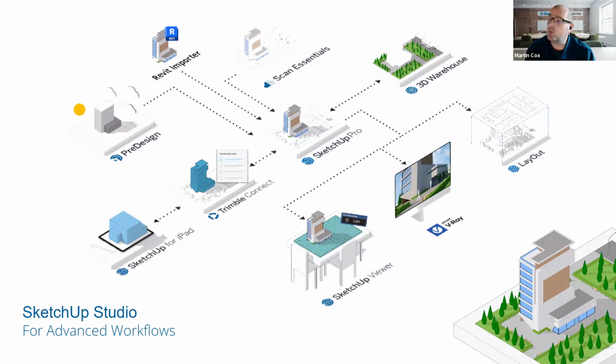There are three tools that come with SketchUp Studio that are additional to SketchUp Pro. The first one is Revit Importer. This means you can import a Revit model straight into your SketchUp model. It recognizes the tags and will create those tags that can be switched on and off. We'll have a look at that one as well.